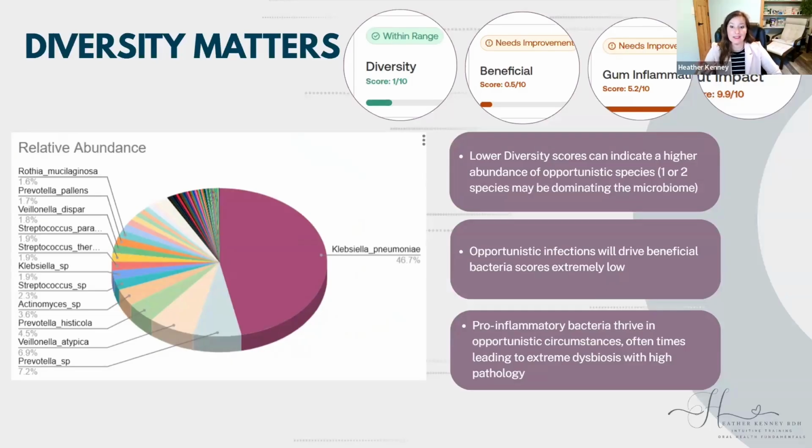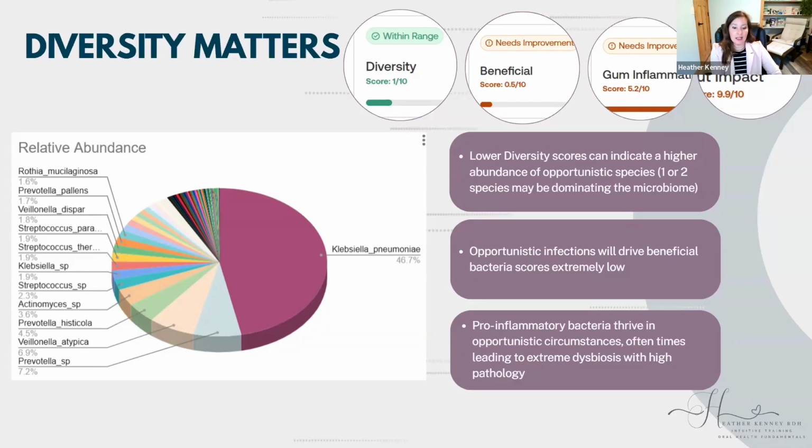So in the back of the test, I'll look at the raw results and look where Klebsiella was. So this is an extreme diversity issue in some components. So she's got perio-pathogens in there that can drive disease pathways. And then she has an extreme overgrowth of Klebsiella pneumoniae at 46% of her oral microbiome.